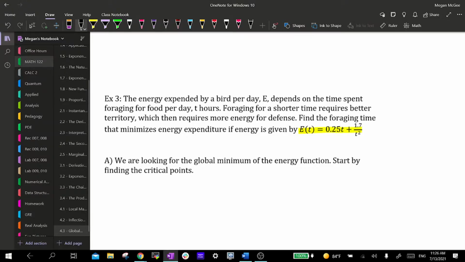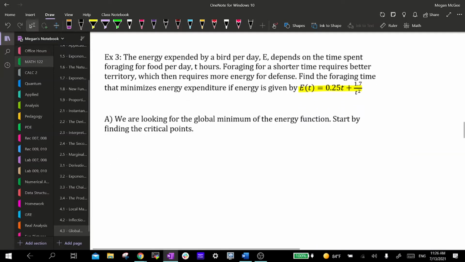All right? So there's a lot of words going on, okay? But all we're doing is looking for the global minimum, the lowest of the low minimums, all right? That is going to give us the smallest amount of energy that the bird has to spend, okay?